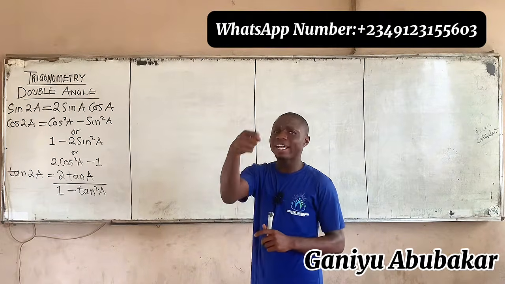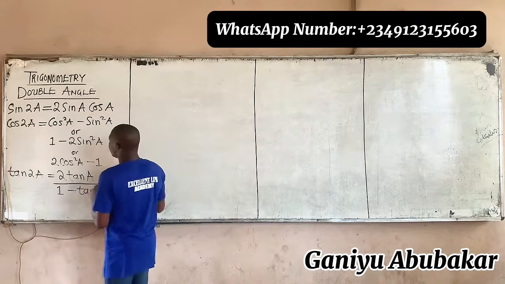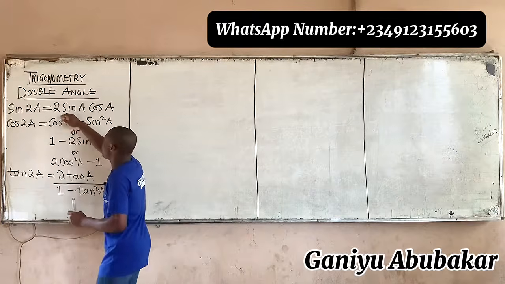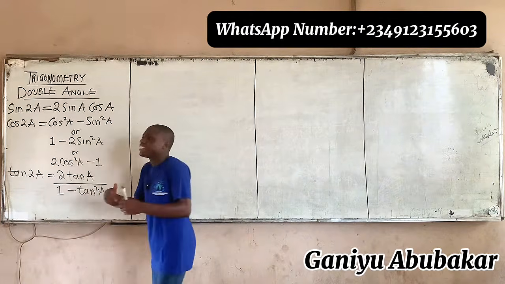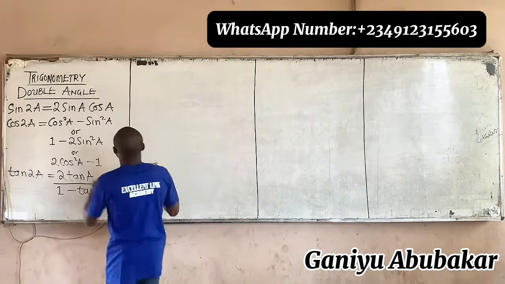Let's now look at sine and cos in terms of tan. Still on double angle, but this is for sine and cos alone. What do I mean?